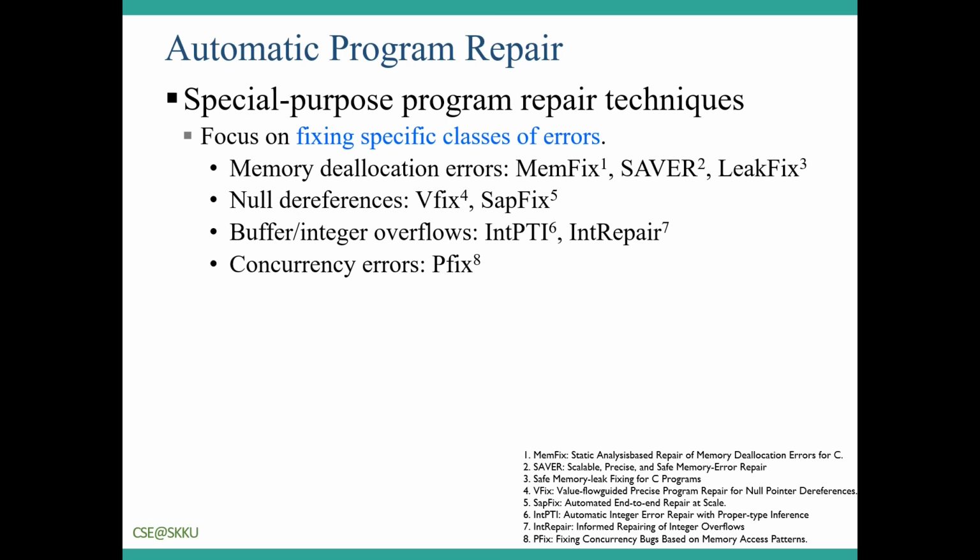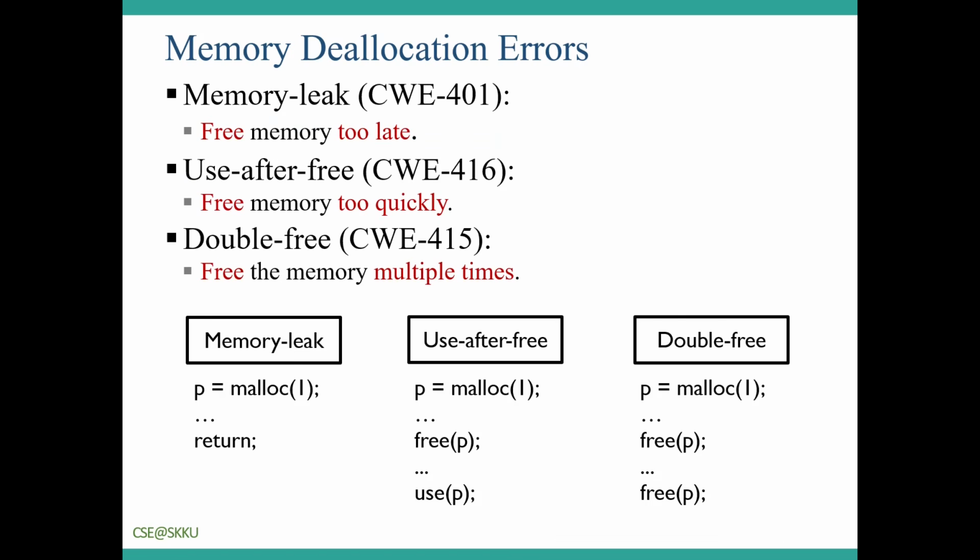So how familiar are you with memory deallocation errors? Let me explain three common types of errors: memory leak, use after free, and double free. These occur when dynamically allocated memory isn't properly deallocated in languages like C and C++.